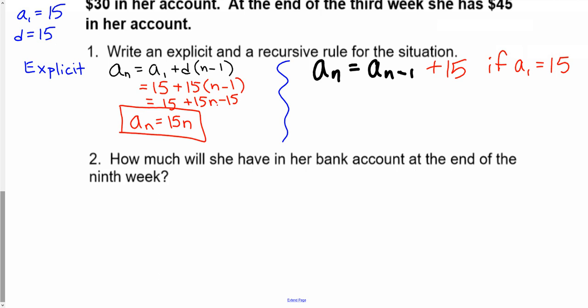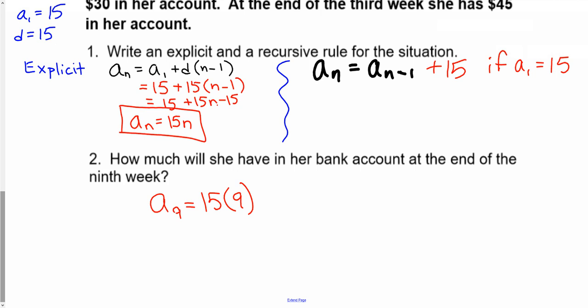I think it's more practical. And if it wasn't a late start, we probably would have done the long one so you can appreciate the shortcut, which is what the explicit formula is. But I'm just going to use the explicit formula. A sub 9 equals 15 times 9. The only time you have to use the recursive is if they tell you to.